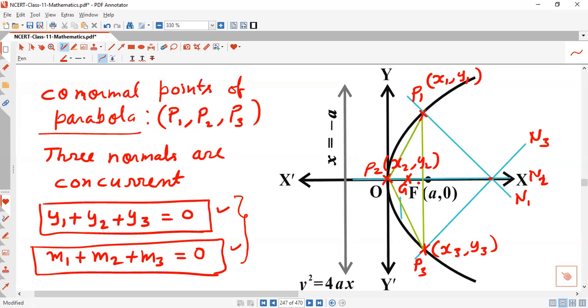So if these co-normal points form a triangle, their centroid lies on the x-axis.